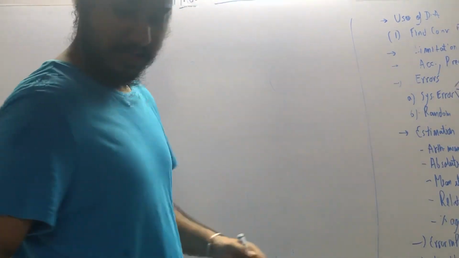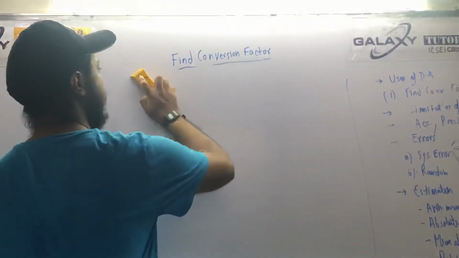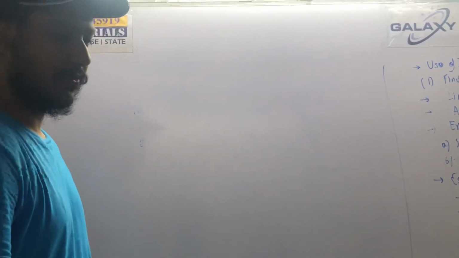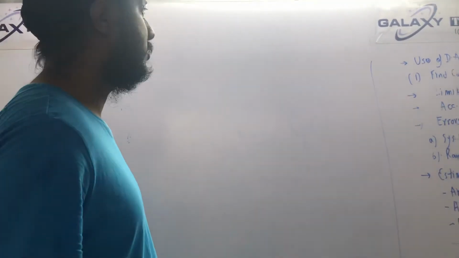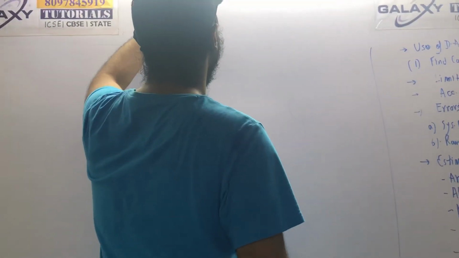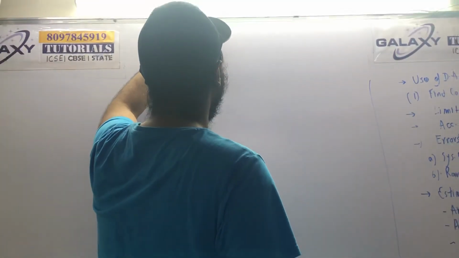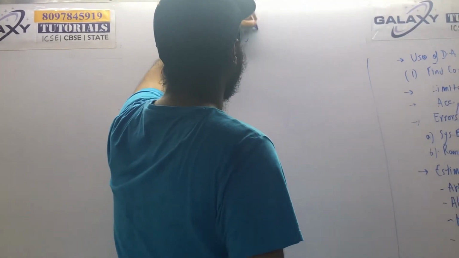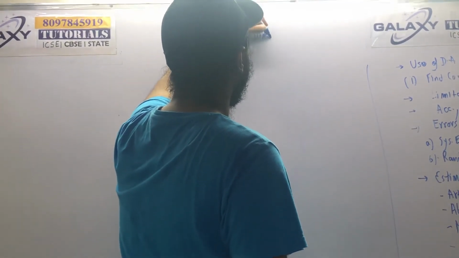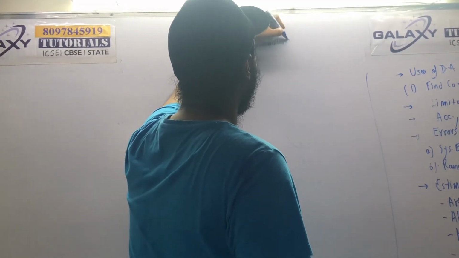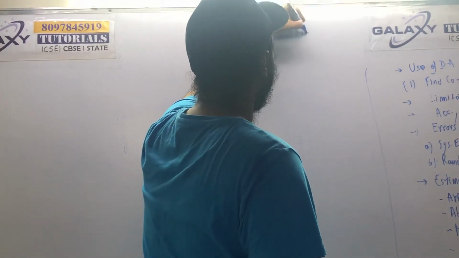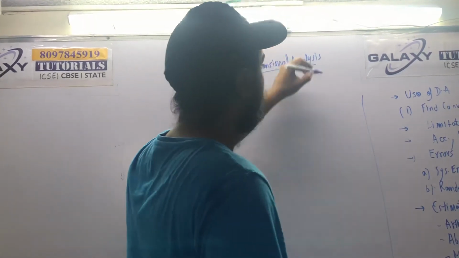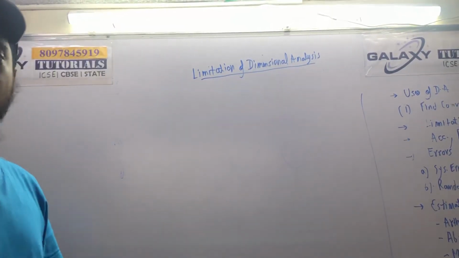Next topic is limitations of dimensional analysis. Let's discuss the limitations. Okay, so the limitations are as follows. See, the constant, I told you about that constant.